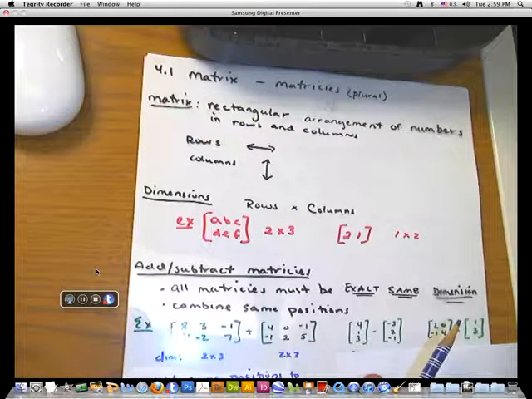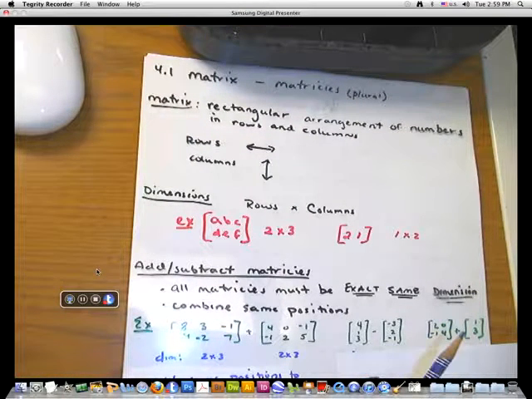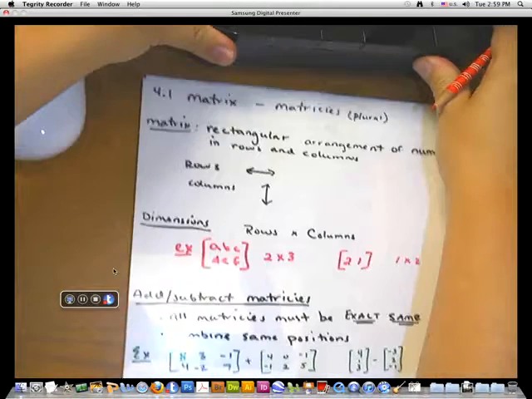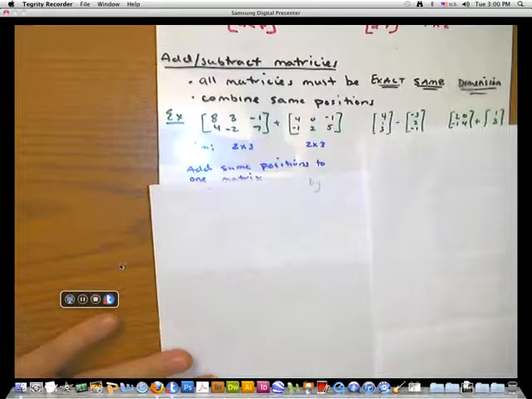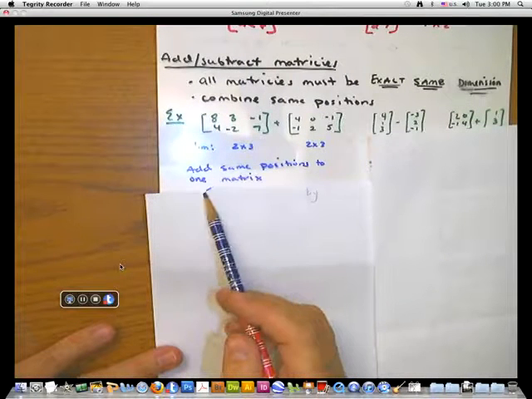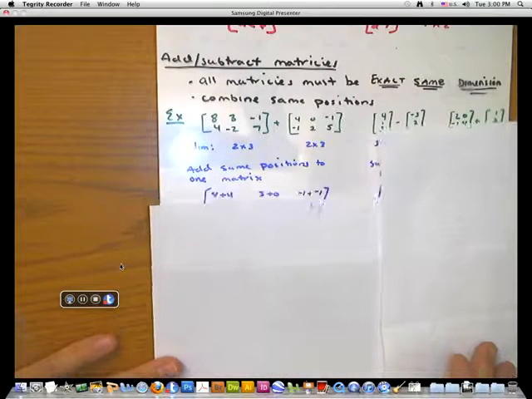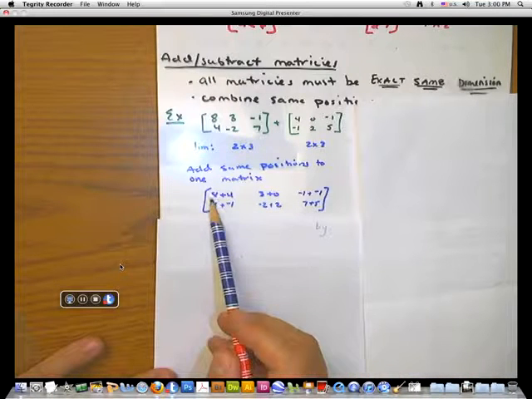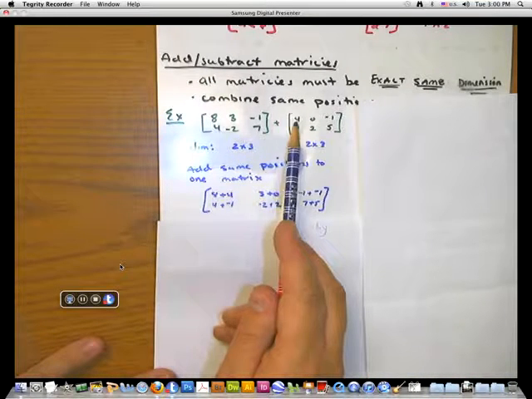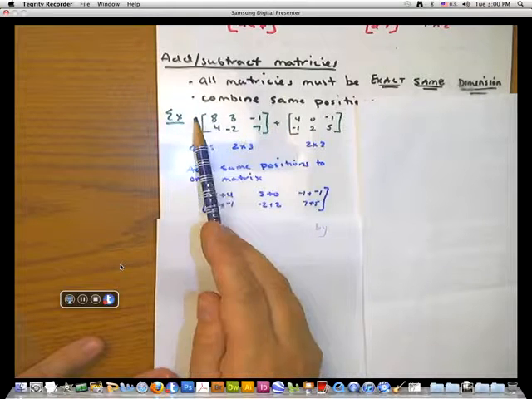Because they are 2x3, they have the exact same dimension. We then get to add the same positions together to make one matrix. So we add the 8 and the 4. They're in the same position.